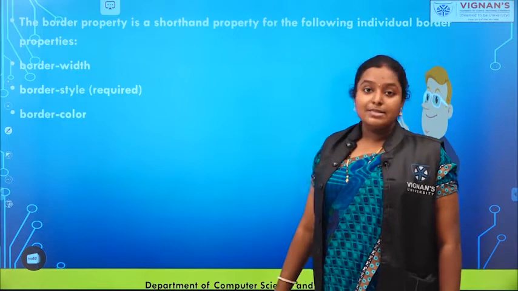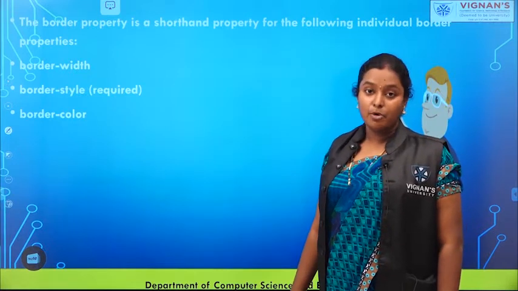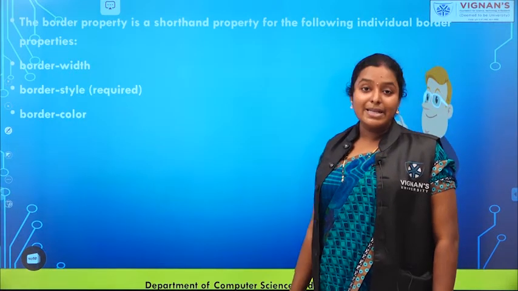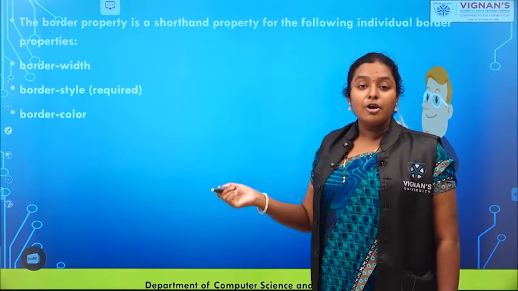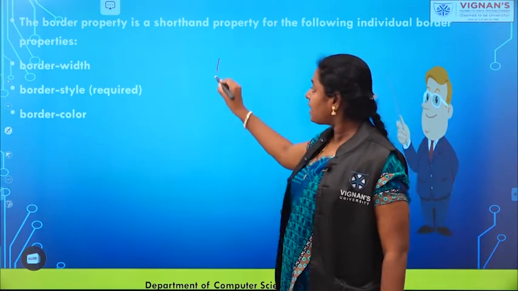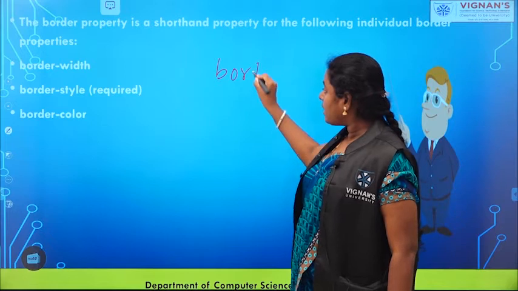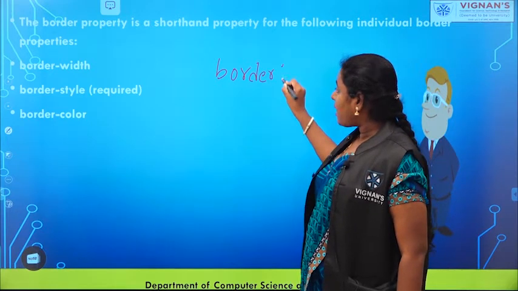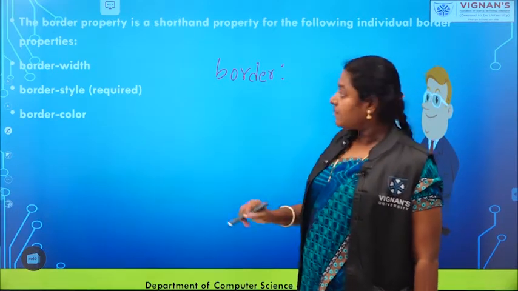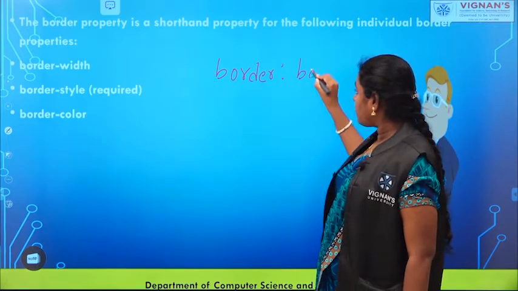Now we are going to discuss a border shorthand property. So border shorthand property is nothing but an attribute followed by multiple values. If you take the border attribute, it may have 3 values you can write. One is the border width. So you are writing border width.